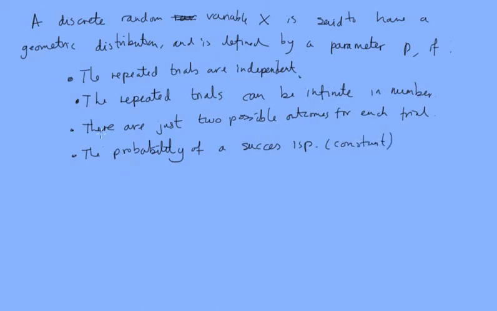So a random variable X has a geometric distribution, which we define as X is G(p), with P(X = r), the success on trial r, equal to p times (1 minus p) to the power of r minus 1, where r is 1, 2, 3, and so on.